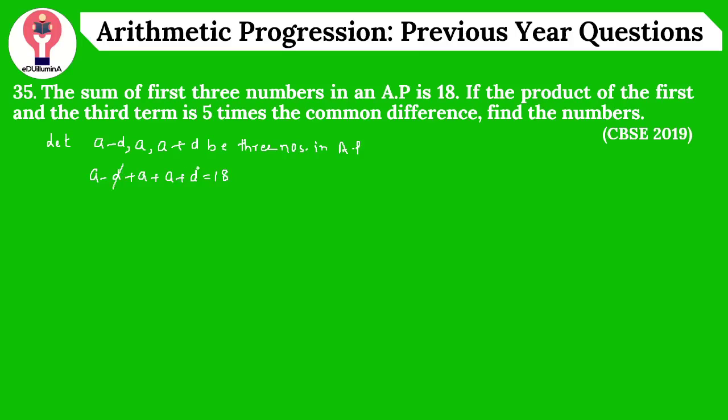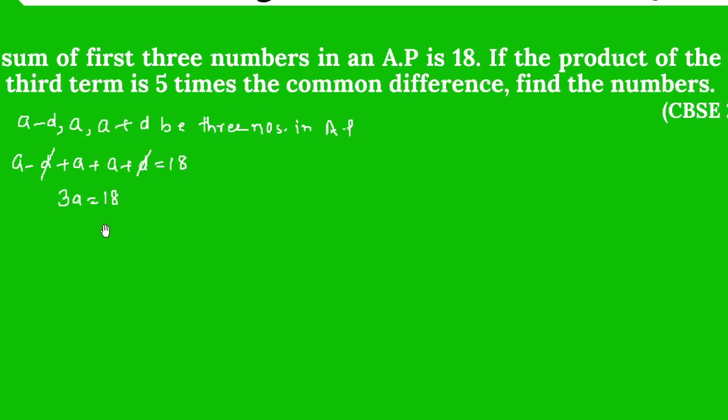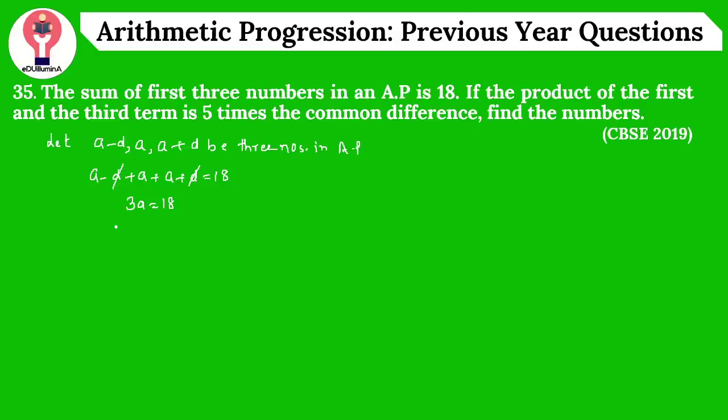Now minus d plus d cancel out. A plus a plus a, so it is equal to 3a equal to 18. So therefore a will be equal to 6. Now it is also given that the product of the first and the third term is 5 times the common difference. The first term is a minus d and the third term is a plus d.